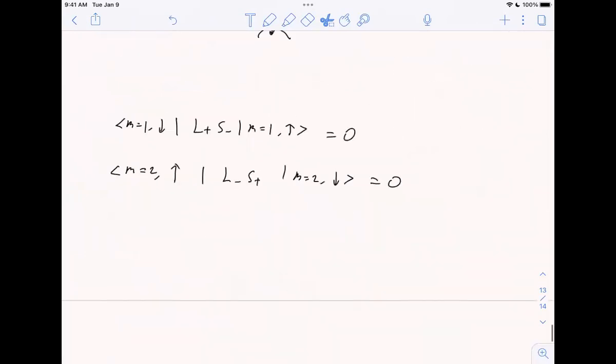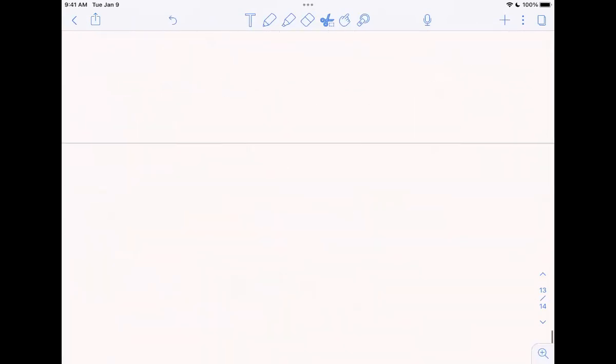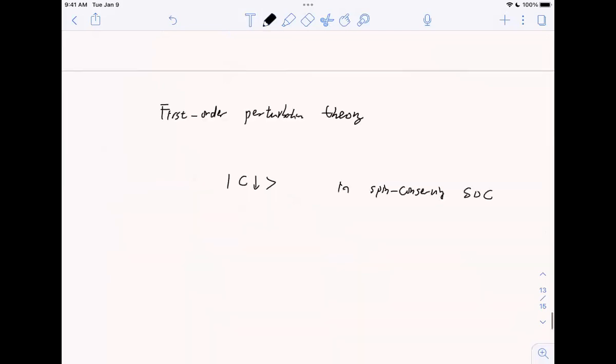Okay, so this is the new state. Originally, we are going to use a first order perturbation. So you know that initially you have an eigenstate of spin down in the conduction band, but after you include the spin conserving spin orbit coupling, this one will become a new state.